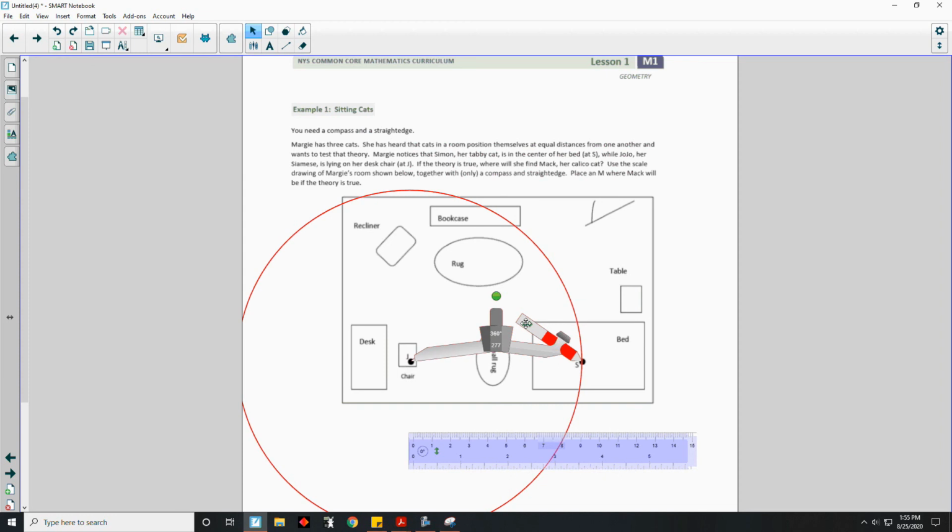So then I'm going to switch this around, and I'm going to move the compass so that S is my center and SJ is the radius of circle S. And I'll change this to blue now.